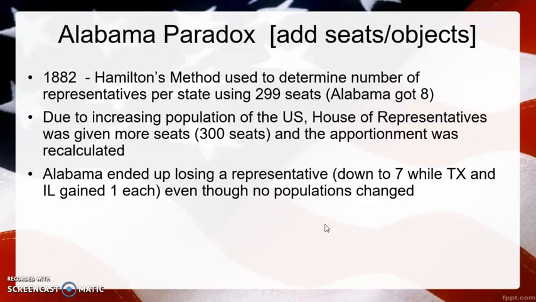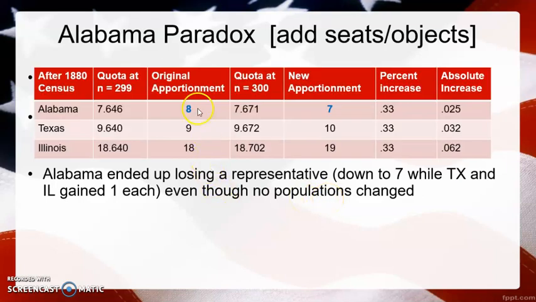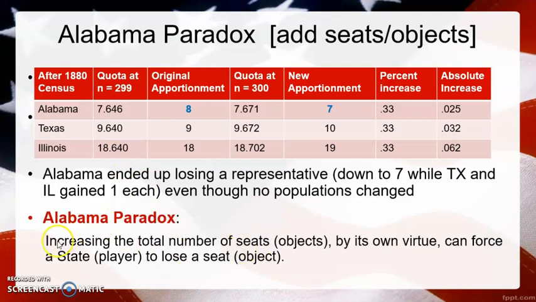So it became known as the Alabama paradox, because Alabama lost a seat whereas Texas and Illinois gained a seat, even though the populations remained the same. The Alabama paradox in general is known as increasing the total number of seats by its own virtue can force a state to lose a seat.